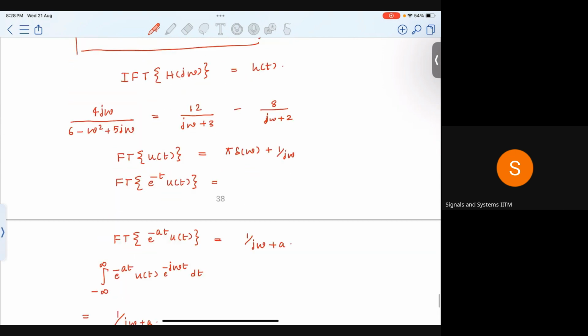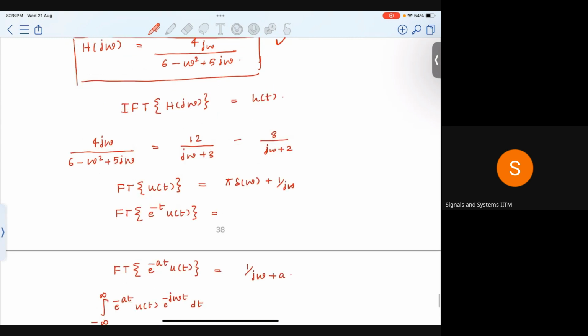So what we know is the Fourier transform of e power minus at u of t is given by 1 by j omega plus a. What you have is IFT of 1 by j omega plus 3. What would this be? E power minus 3t u of t, correct?